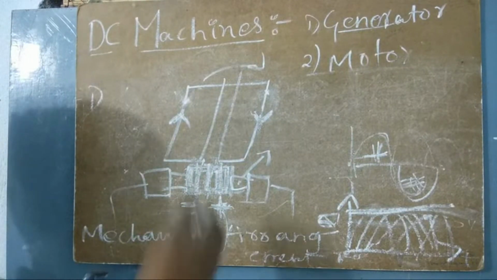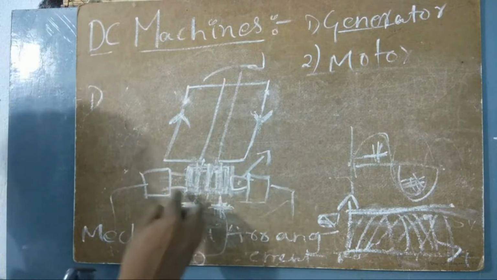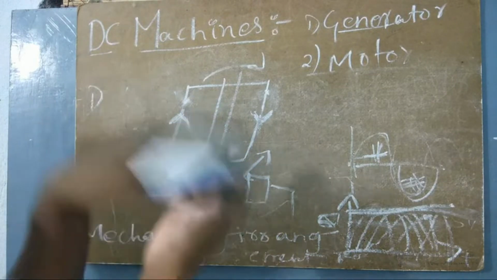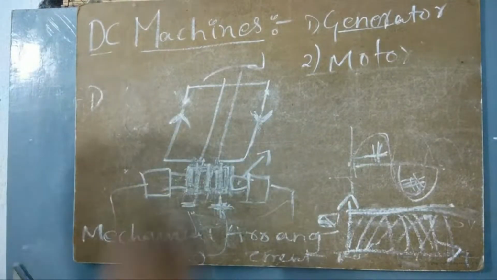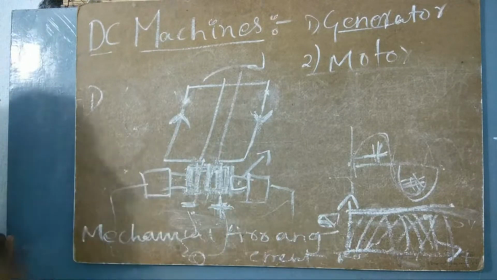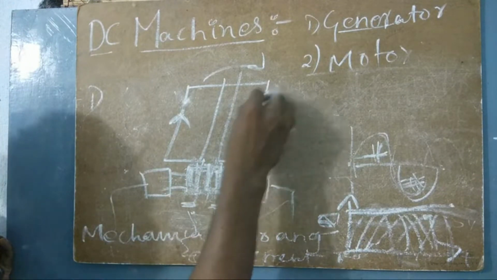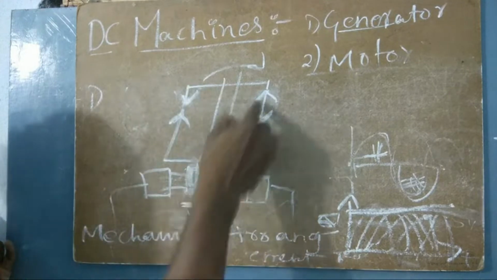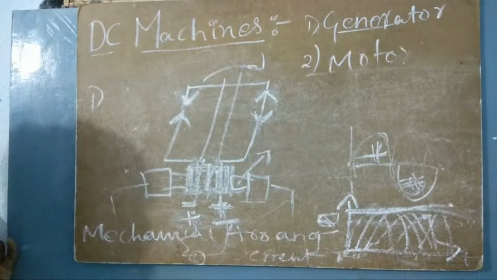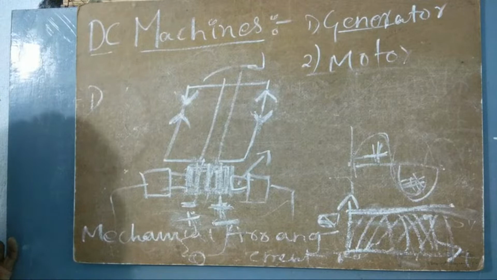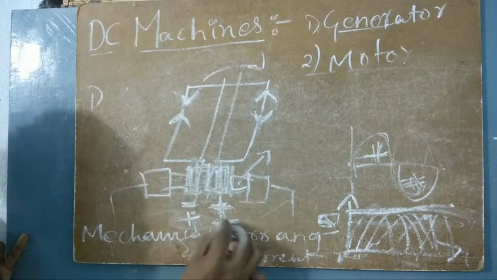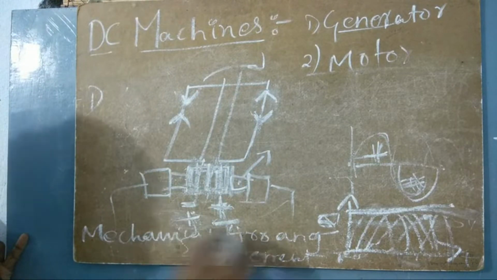For example, later when it rotates completely in the next half cycle, this one is done. But what about this one? When this turns even more to come back to its first position, what happens? The direction changes. When the direction changes, the polarity also changes. When this polarity is changing, this commutator will not collect this charge or this current.